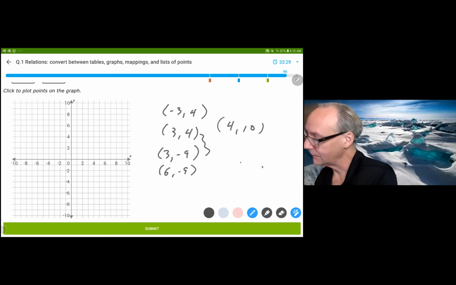Okay, so we have -3, 4, just right there. We've got 3, 4, which is right there. We've got 3, -9, which is down here. We've got 6, -9, which is right there. And we have 4, 10, which is way up here. That looks good.